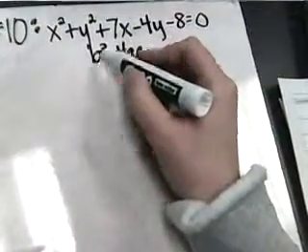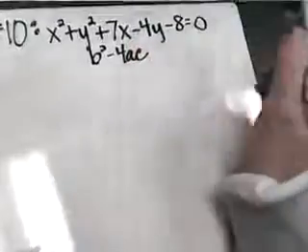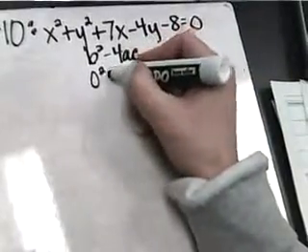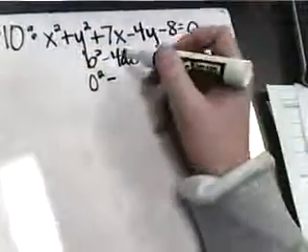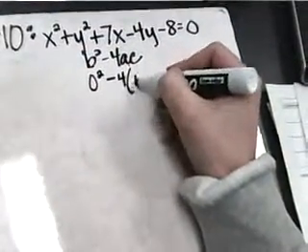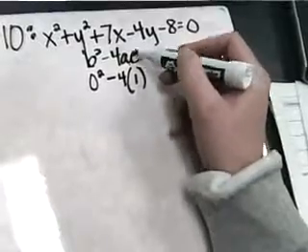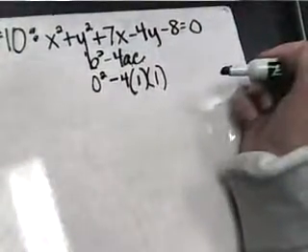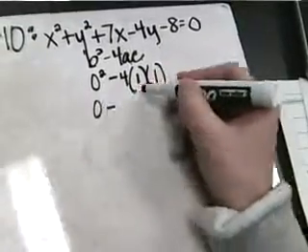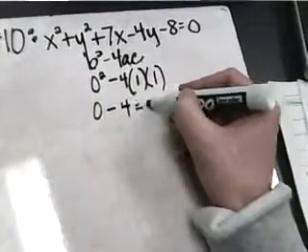B is with xy. I don't have an xy term, so that's 0. A is with x squared, so its coefficient is 1. C is with y squared, so its coefficient is 1. That would give me 0 minus 4, or -4.